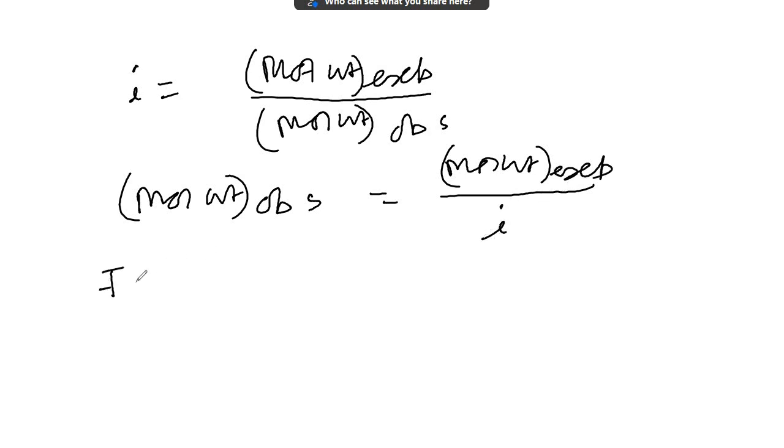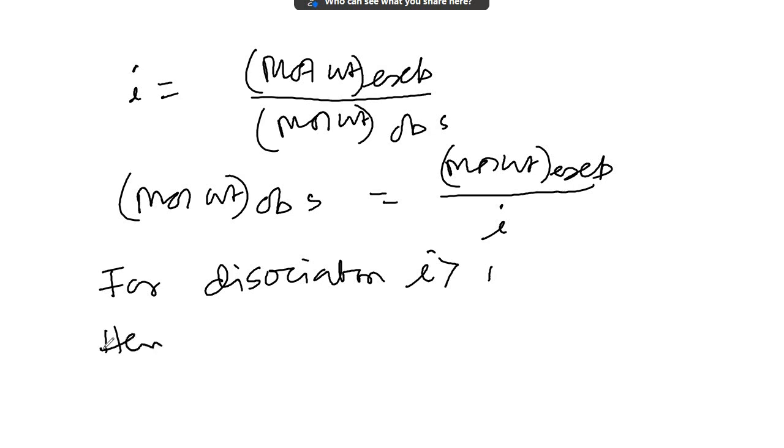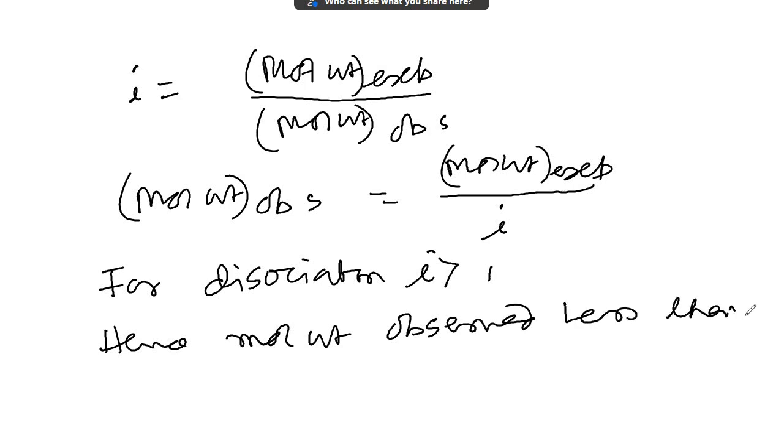For dissociation, i is greater than 1, hence molecular weight observed is less than molecular weight expected. This is very, very important.